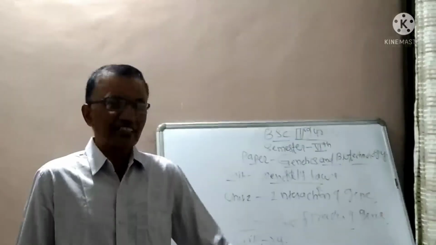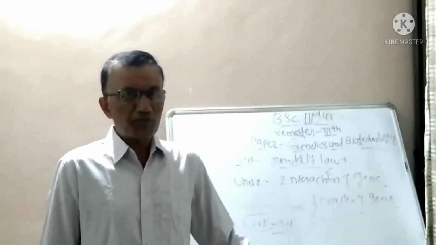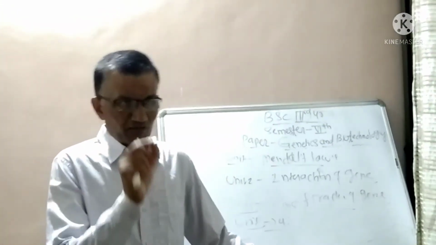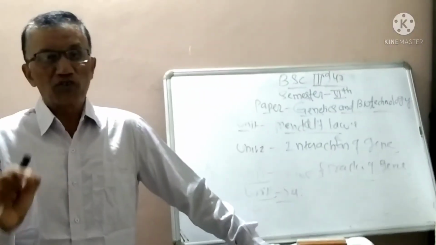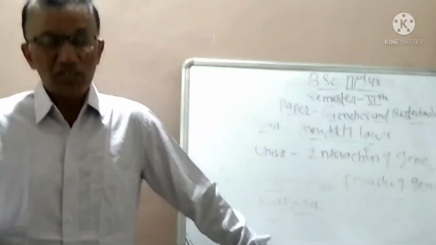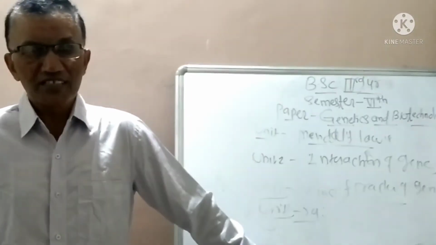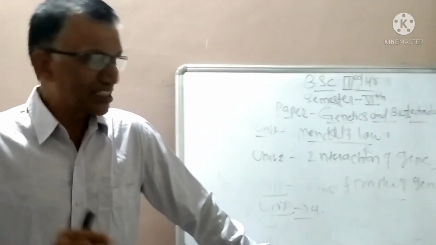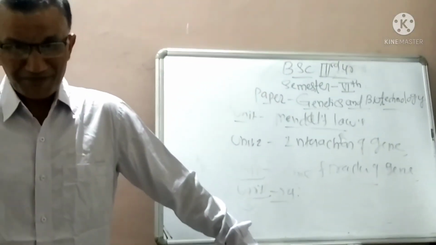These 3 laws are the law of dominance, the law of segregation, and the law of independent assortment. First of all, you have to understand the exact meaning of the law of dominance. Why is it called the law of dominance, and whether it is proved by a monohybrid cross or a dihybrid cross.